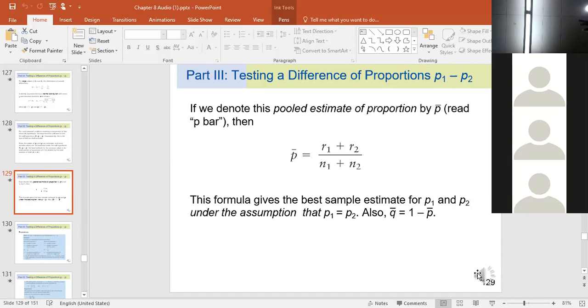We take a sample from St. Francis and a sample from Penn State. To find the pool, we count the total of the samples, that is N1 plus N2, and R1 plus R2 is the successes for both. This is just for estimating a common proportion that will be used in the formula. You are not going to be doing it because you are using a calculator. I'm explaining in case you are doing it manually.